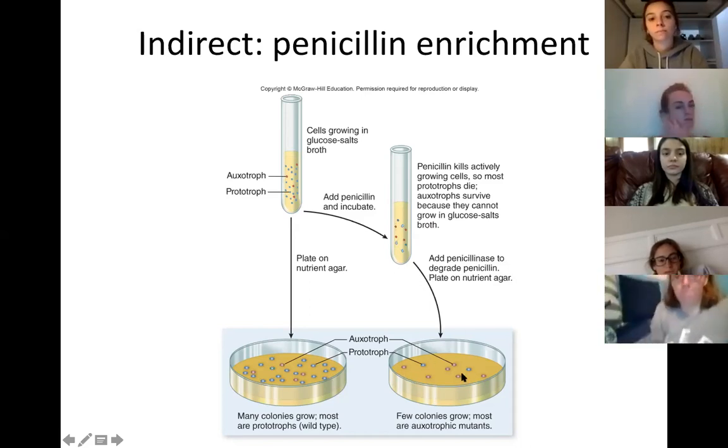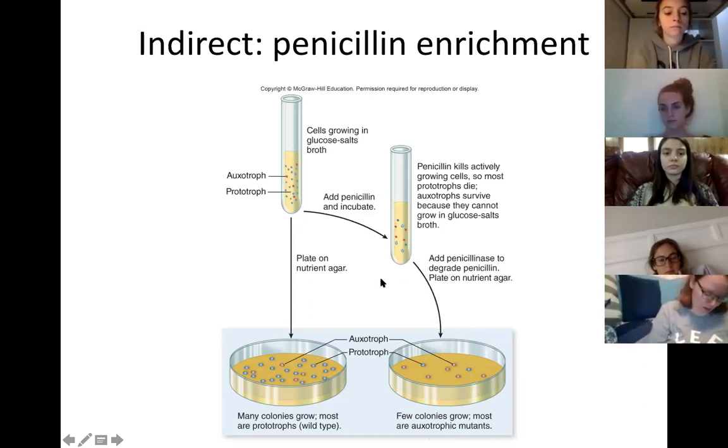Before you add it, though, to this nutrient-rich plate, you actually add an enzyme, penicillinase, to inhibit penicillin. Because if you didn't add penicillinase, there'd still be penicillin in the solution that you put on the plate. They would start dividing because they love the nutrients in this plate, and they would all die, right? So that wouldn't be good. So you have to add penicillinase to neutralize the penicillin.